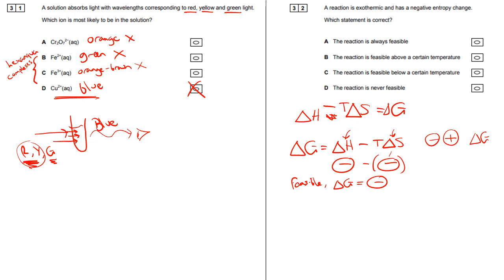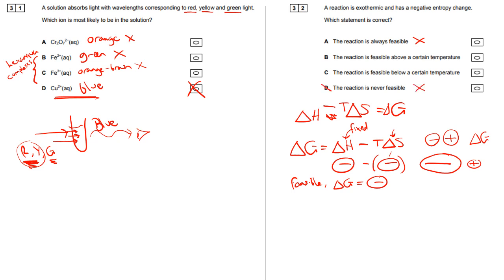Delta H is fixed, your enthalpy change doesn't change. So what would cause delta G to be negative? Delta G would be negative if your enthalpy change is more negative than T delta S. So the reaction is not always feasible. The reaction is not always going to be negative. But the reaction is not always going to be positive either.